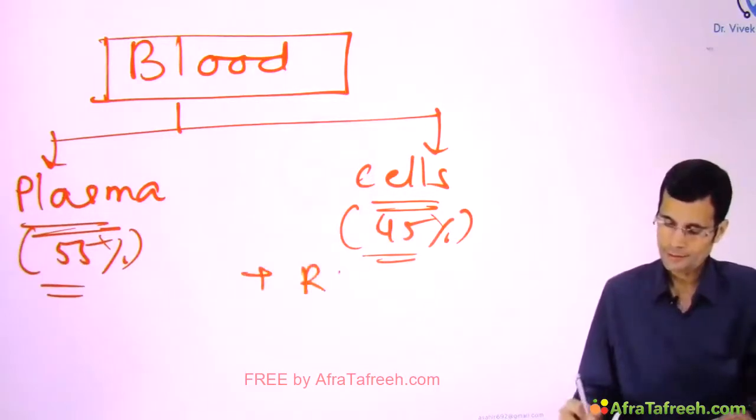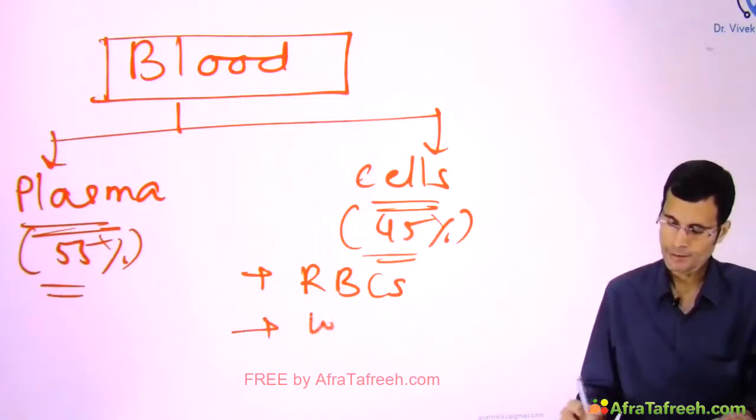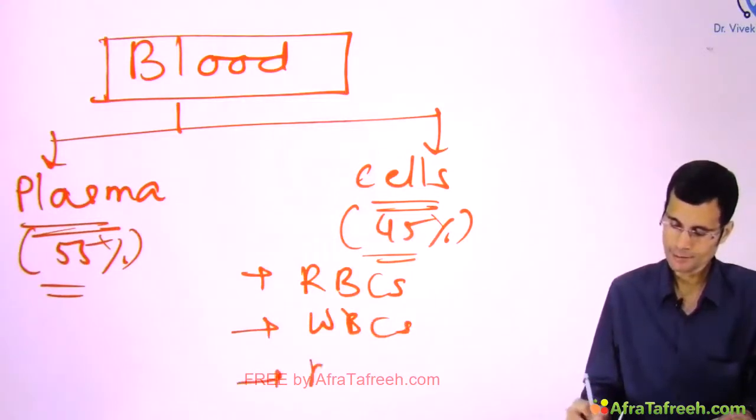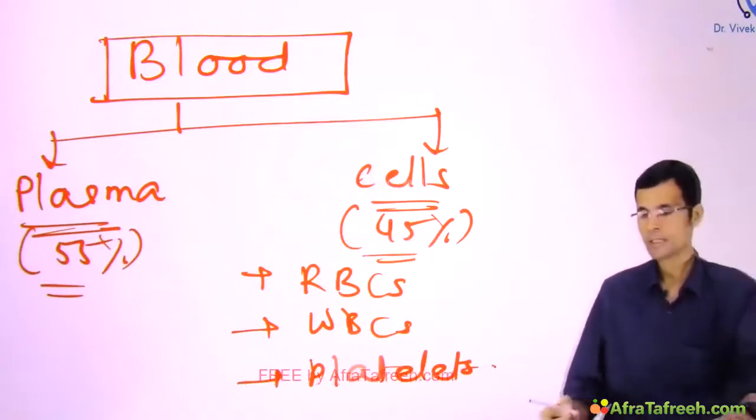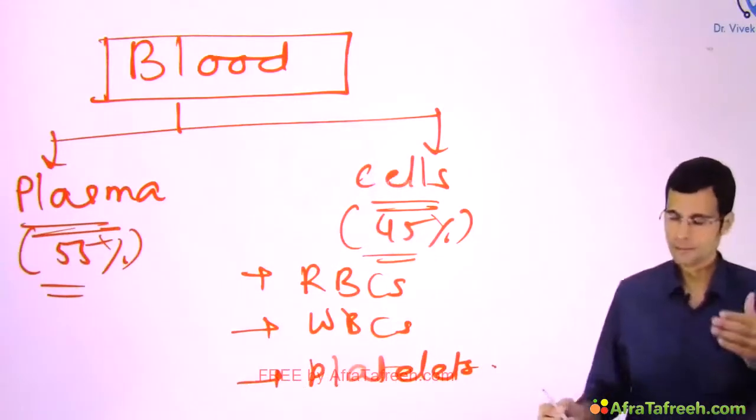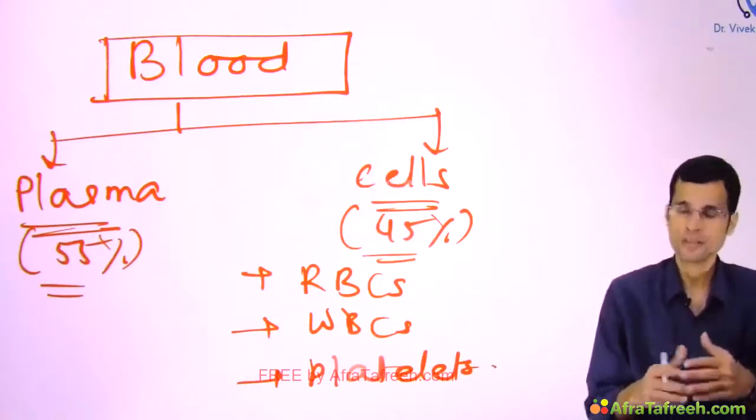The cells: RBCs, WBCs and thrombocytes. So we will discuss the blood under 4 sections.